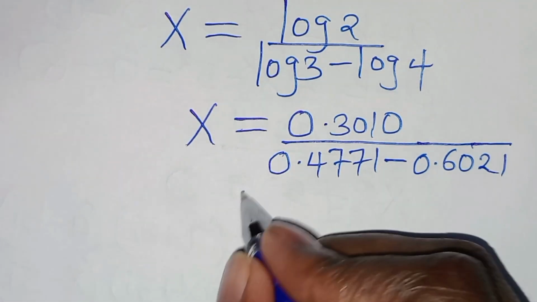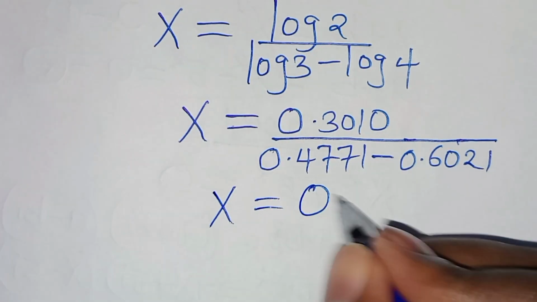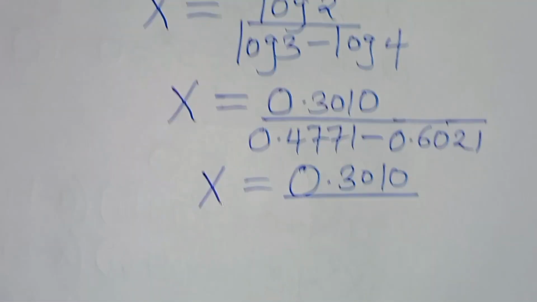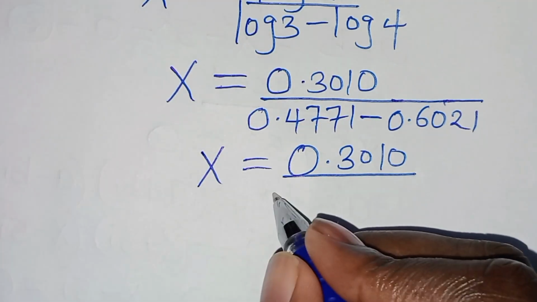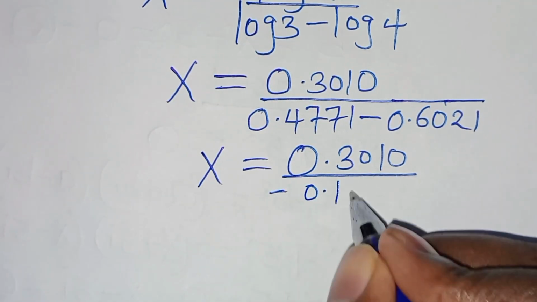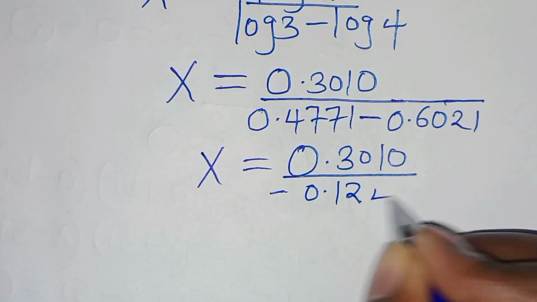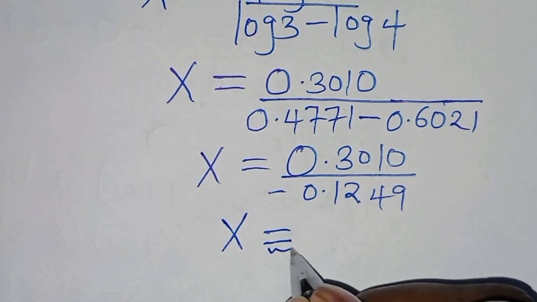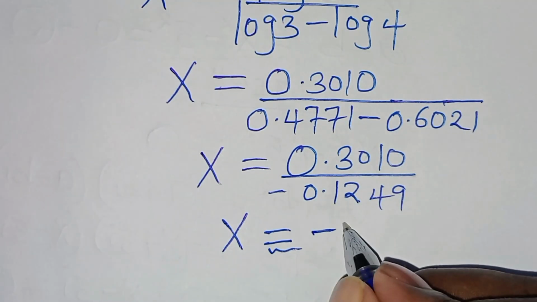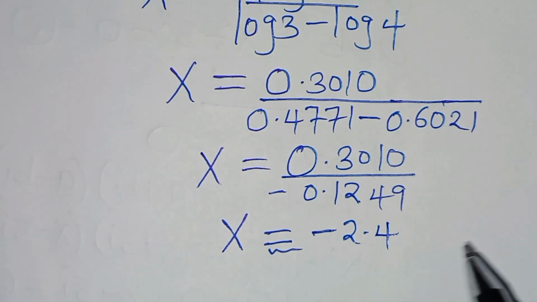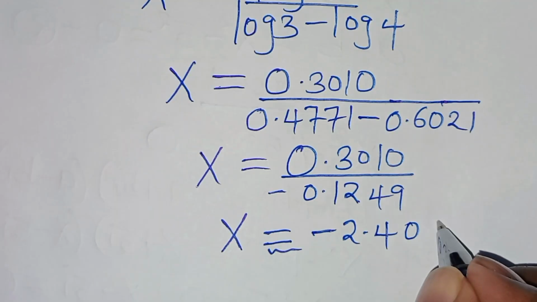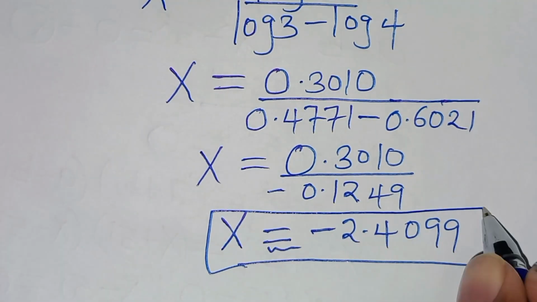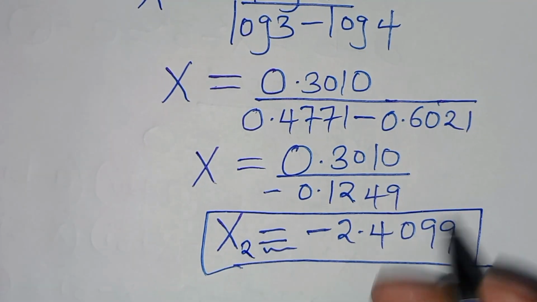Therefore we have 0.3010 divided by minus 0.1249. So this implies that x is approximately negative 2.4099. So this is the value of x. This is the second value of x.